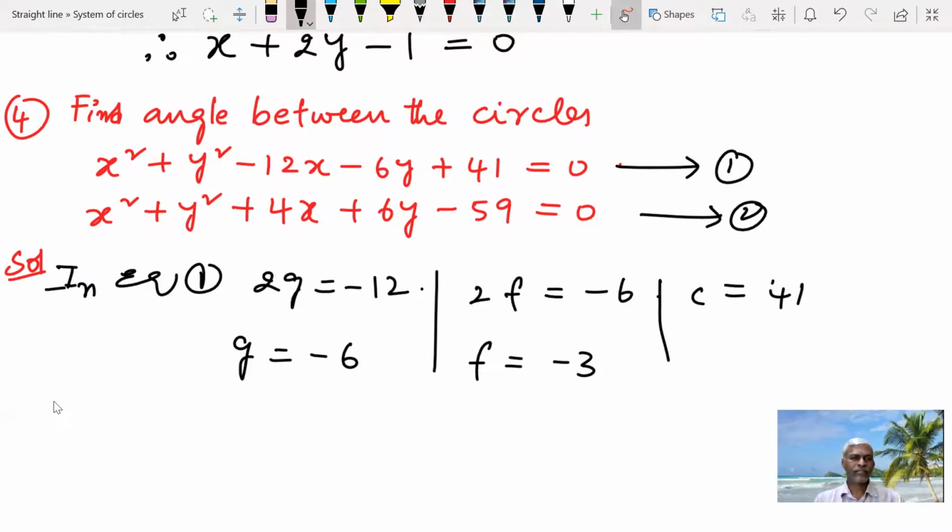Now center of first circle C1, the formula is minus g, minus f.